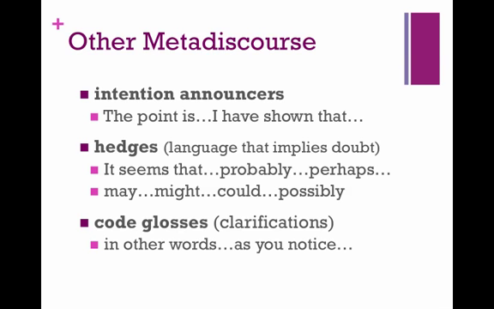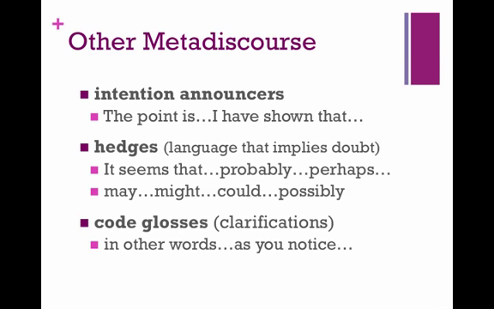Another example of metadiscourse is what we could call hedges. Have you ever heard the phrase hedge your bets? This is where you sort of don't pin down or fall on any one side. You really don't want to put all your money on one horse. Hedges are language that implies doubt.